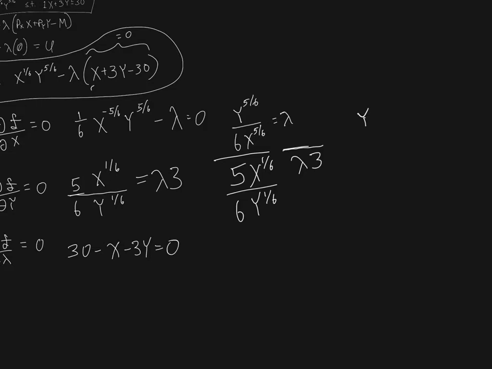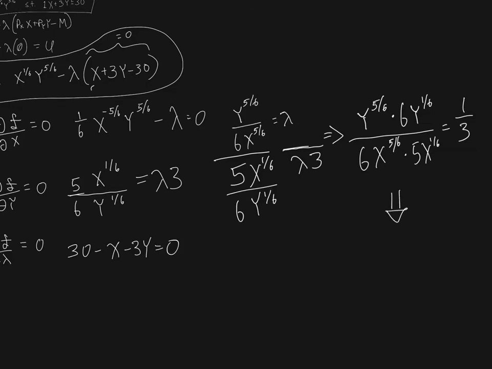So you get y times 5x to the 5/6 times 6y to the 1/6 divided by 6x to the 5/6 times 5x to the 1/6, which must equal 1/3. And continuing the simplification process down here, when you're multiplying the same variable but with different exponents, you can just add the exponents and combine the variable.